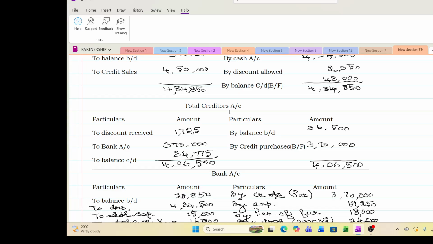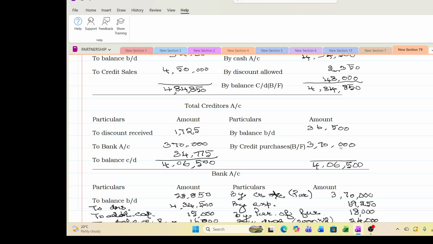Now coming to the creditors account, balance brought down was given, carried down was also given, and they have given 3,70,000 was paid to creditors, and there was a discount received 1,725. When you take the balancing figure, it also comes to the same figure as 3,70,000.